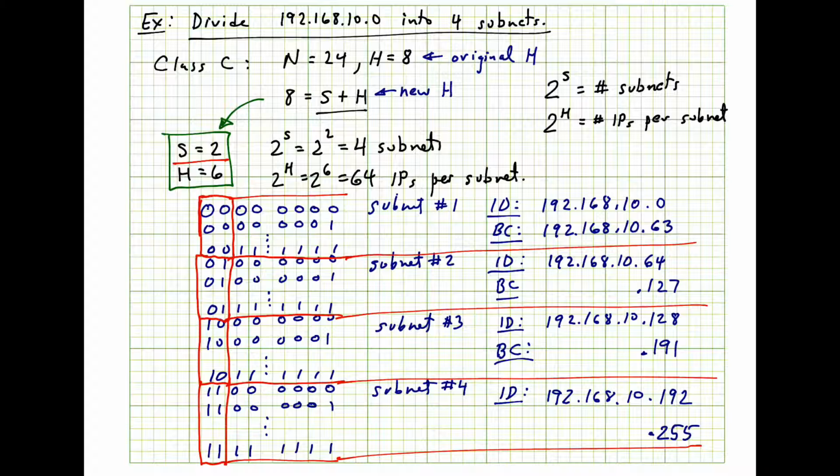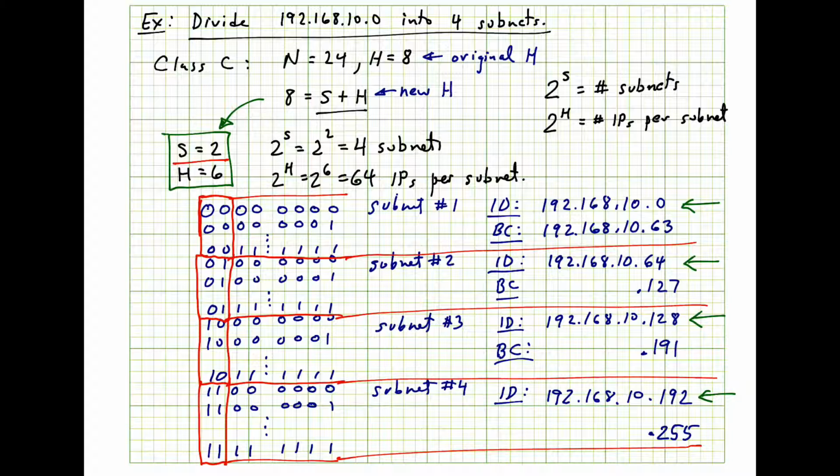You'll see that this number 64 is an increment. We're literally counting by 64s: 0, 64, 128, 192.